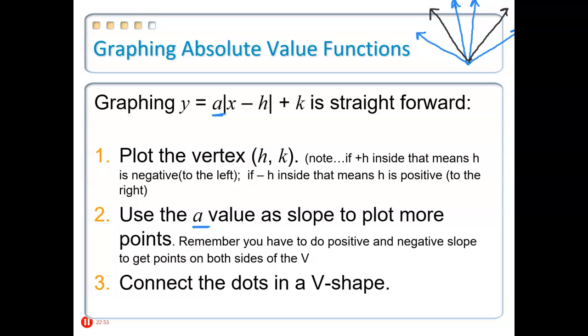So the outer function is an A value between 0 and 1, and the inner function is an A value greater than 1. The positive or negative tells me whether it opens up or opens down. It does not affect the stretch or compress. And again, you can plot points by making a table for any one of these.